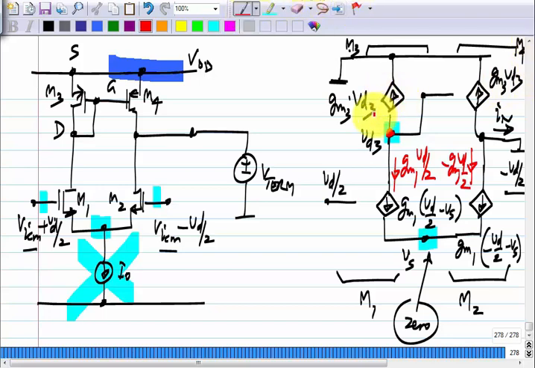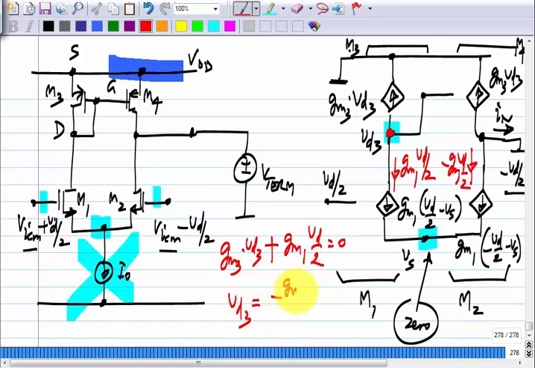So, the current flowing this way is GM3 times Vd3. So, GM3 times Vd3 plus GM1 times Vd by 2 equals 0. So, this tells you that Vd3 is how much? Minus GM1 by GM3 times Vd by 2.